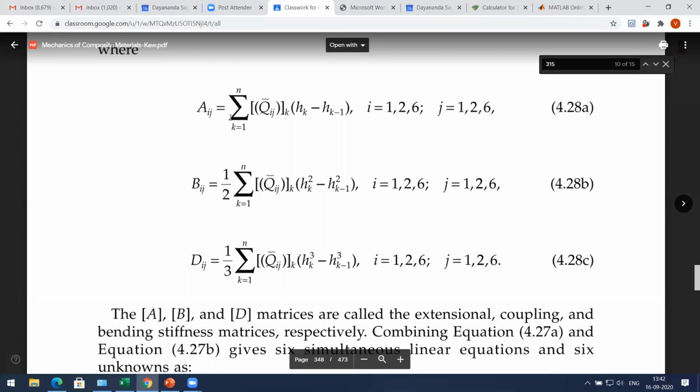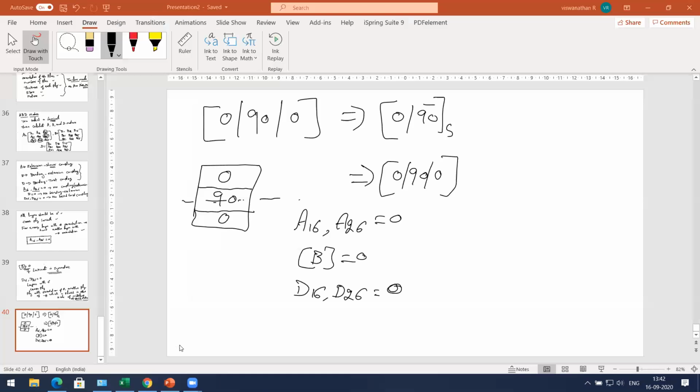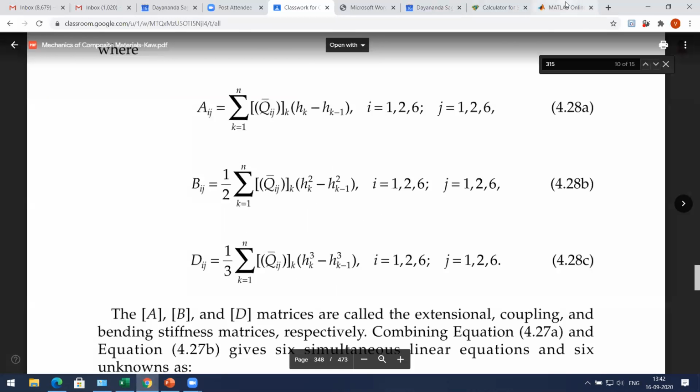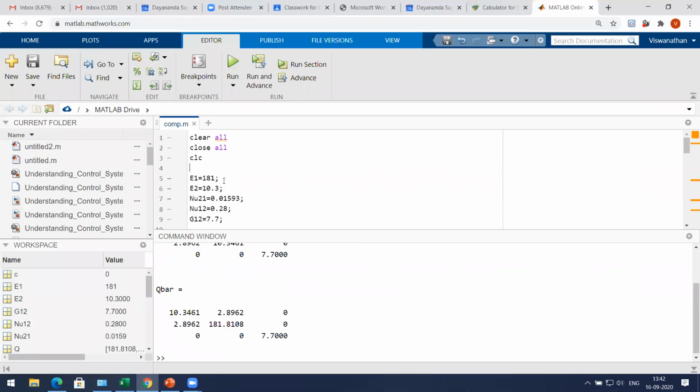Now the laminate that we have taken is a simple one, 0/90. We'll assume it is a carbon fiber reinforced epoxy laminate.